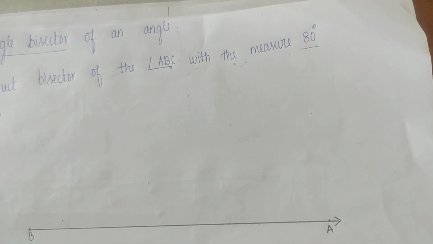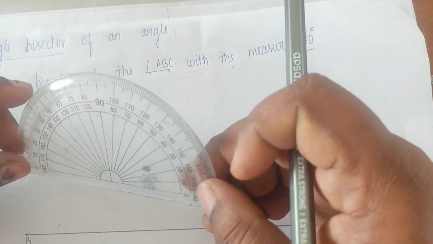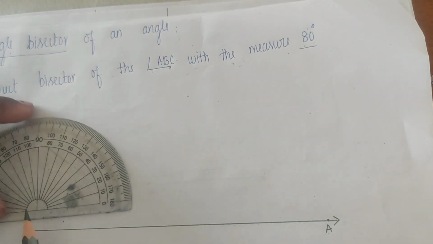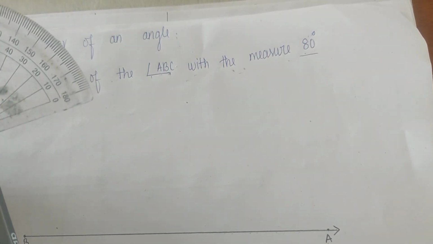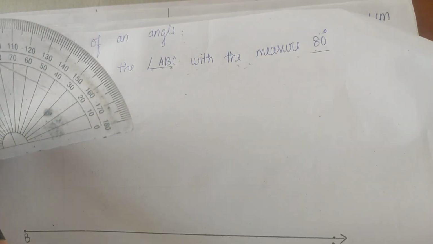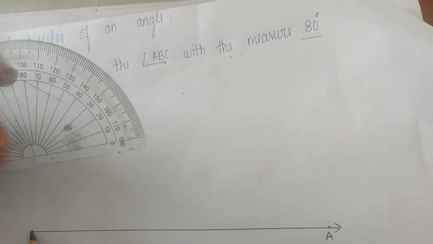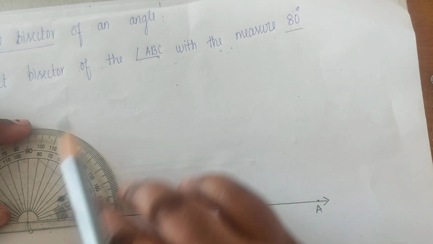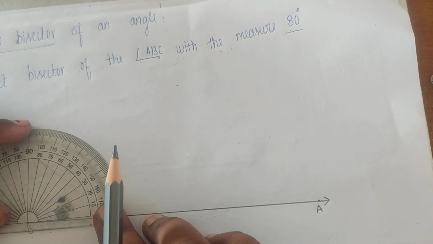Okay. Using the protractor, fix the center on B, fixing on point B, with the AB line.